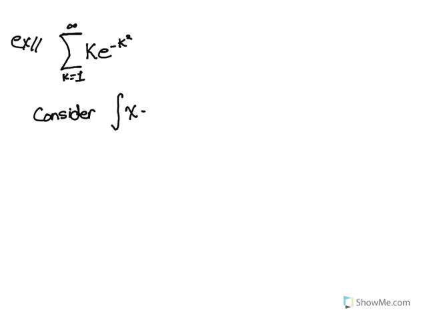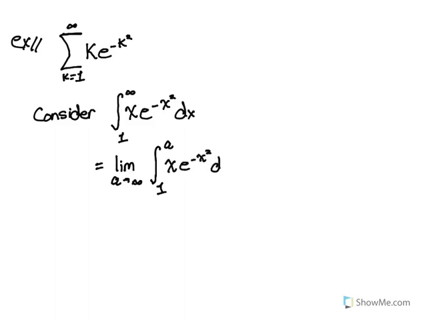We replace all the k's with x's: the integral of x e to the minus x squared dx from 1 to infinity. We write this as a limit as a goes to infinity of the integral from 1 to a of x e to the minus x squared dx.